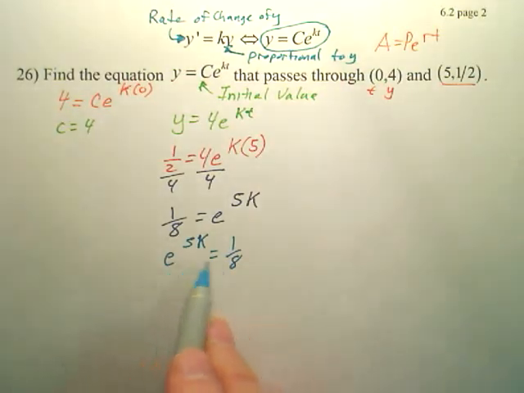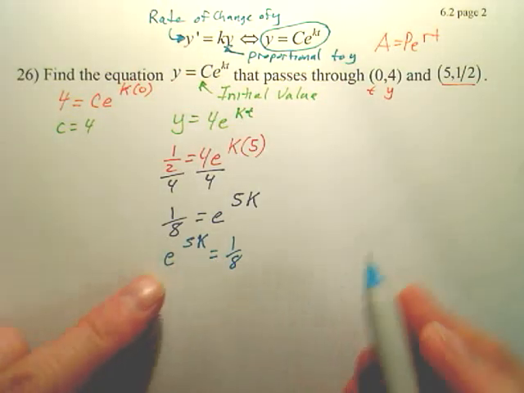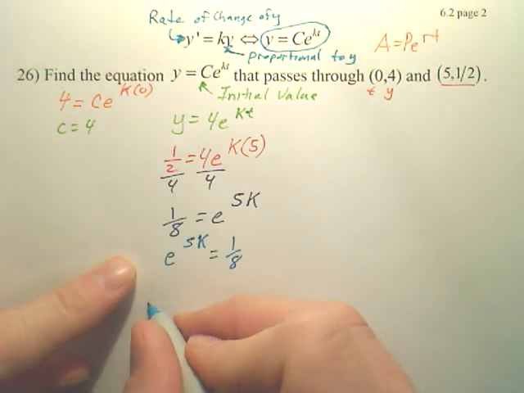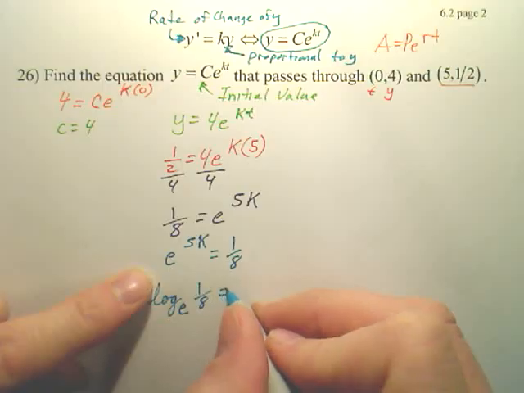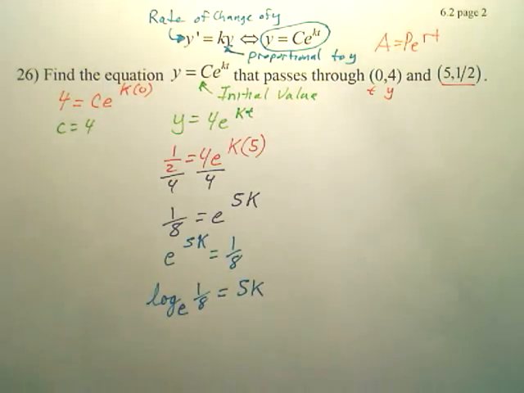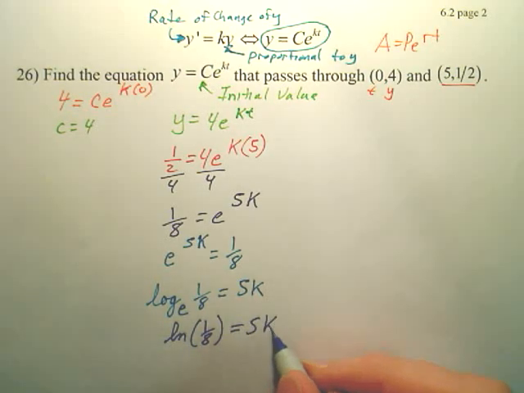It's easier to look at it this way in order to change it to a log. And the way you change it to a log is log base e of 1/8 equals 5k, which is ln 1/8 equals 5k.